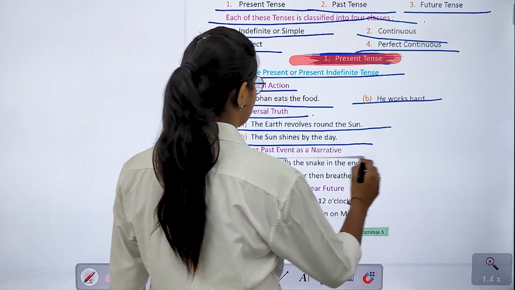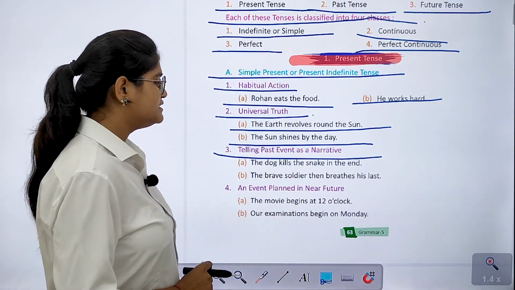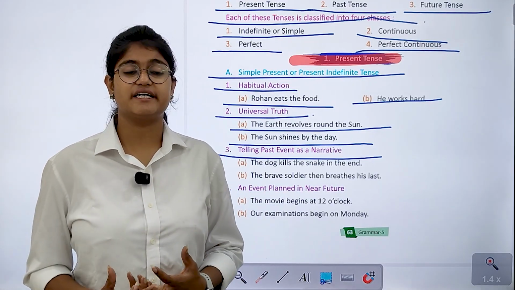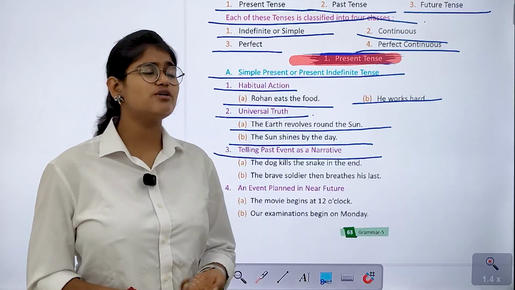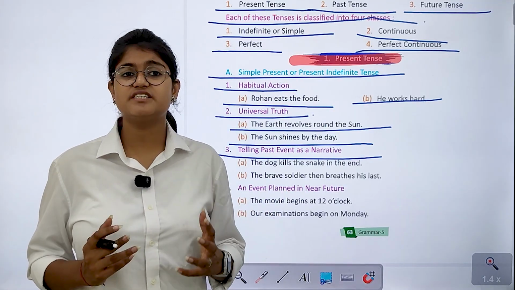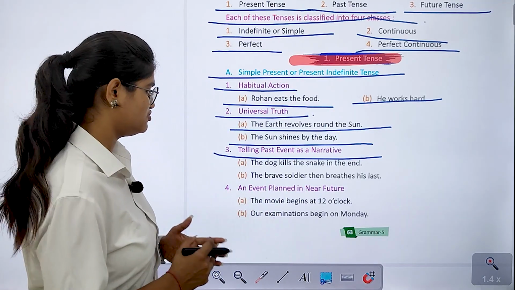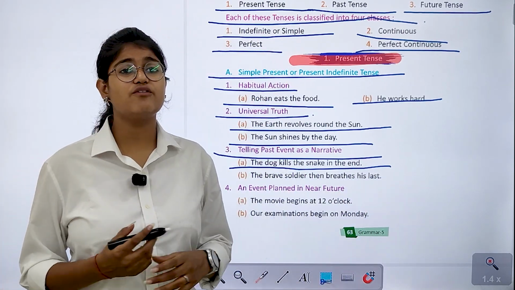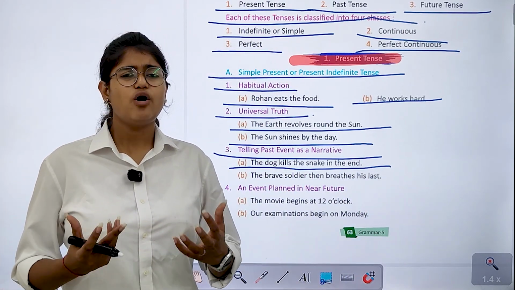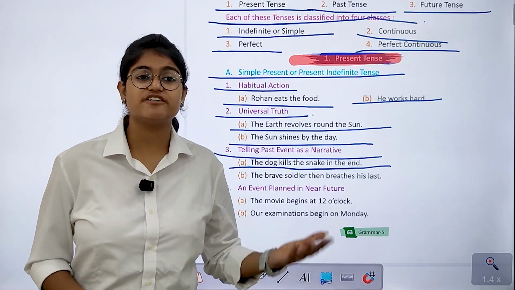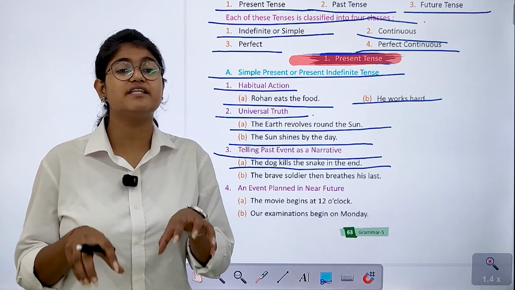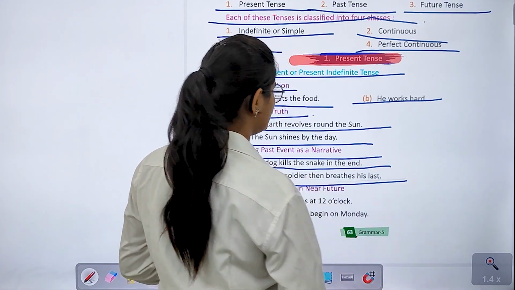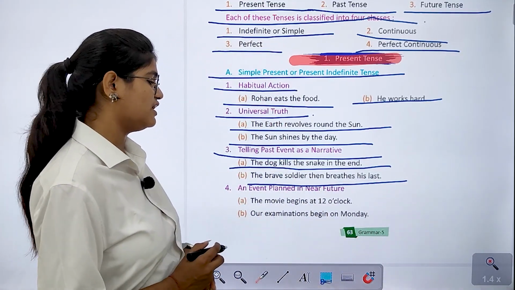After that we have telling a past event as a narrative. कि हम कोई पास्ट का इवेंट नरेट कर रहे हैं, राइट? एट दैट पॉइंट ऑल्सो हम सिंपल प्रेजेंट या फिर प्रेजेंट इंडेफिनिट टेंस का ही यूज़ करते हैं. जैसे कि the dog kills the snake in the end, कि डॉग जो है वो एंड में स्नेक को मार देता है. Although we all know that the story was in the past, but we are narrating it in the present, right? Next example is the brave soldier then breathes his last, right?